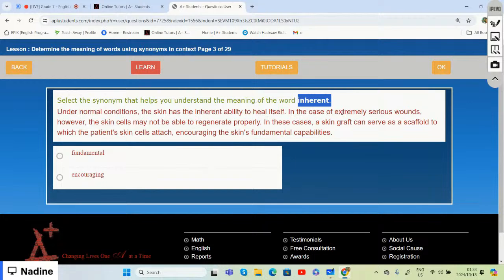In the case of extremely serious wounds, however, the skin cells may not be able to regenerate properly. In these cases, a skin graft can serve as a scaffold to which the patient's skin cells attach, encouraging the skin's fundamental capabilities.